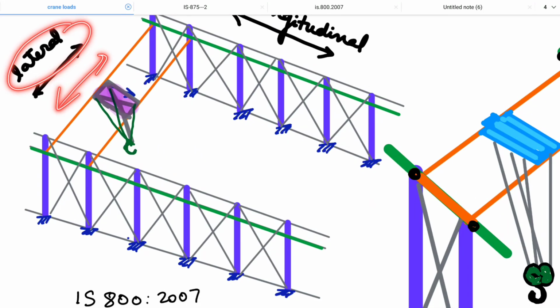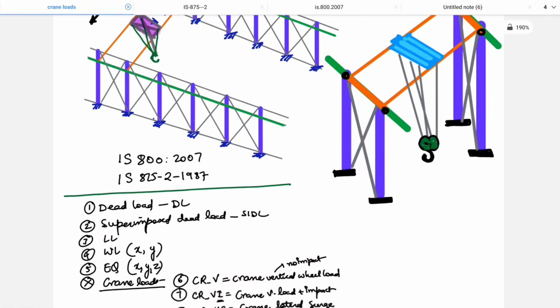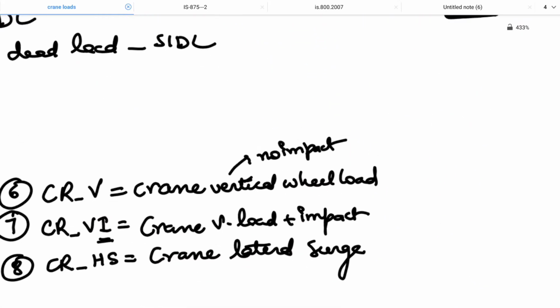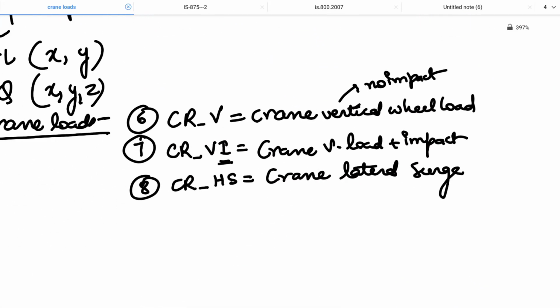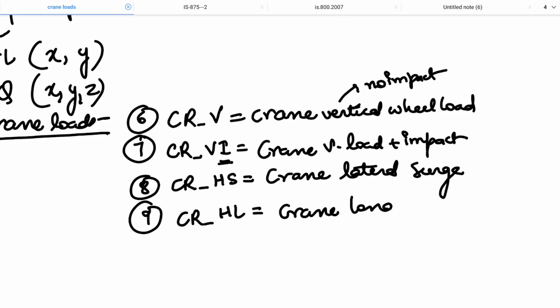This movement we are talking about. Now 9, CRHL, crane longitudinal loads.